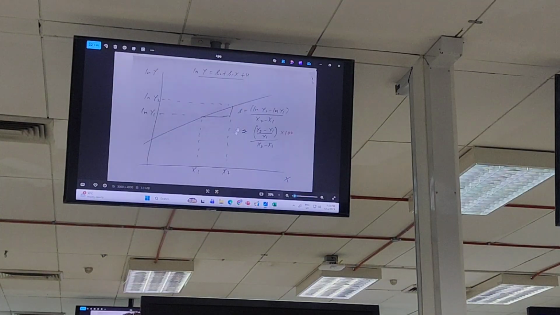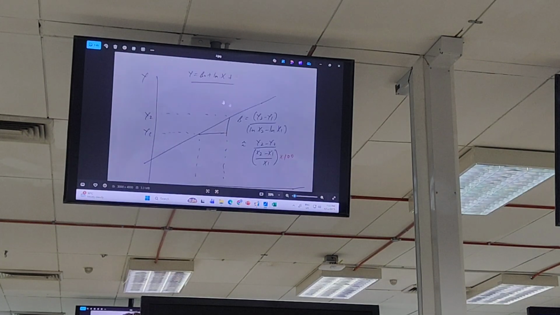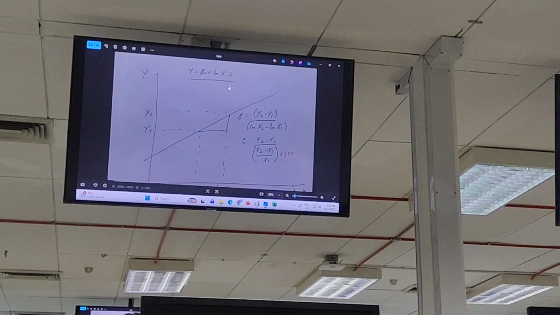Another model is the one that we call linear log. So this one has the other term, I forgot to put beta 0 plus beta 1 log x. This is y equals beta 0 plus beta 1 log x, so this is what we call the linear log model.